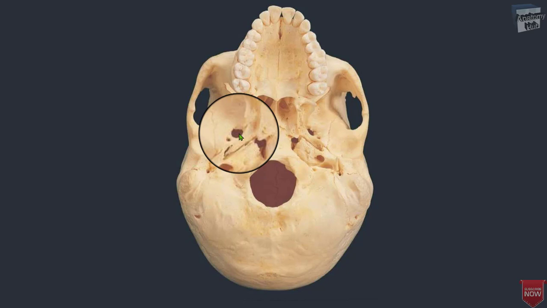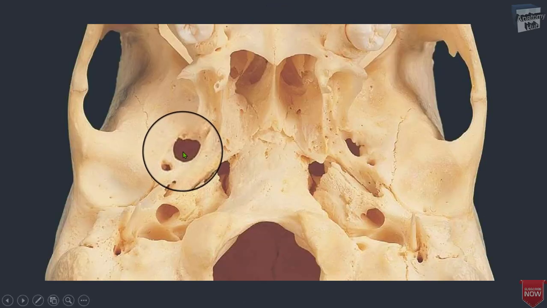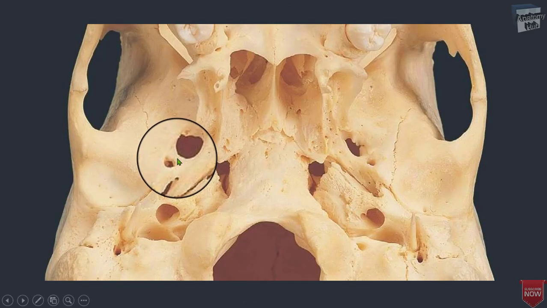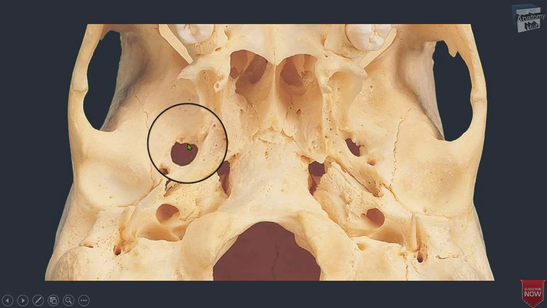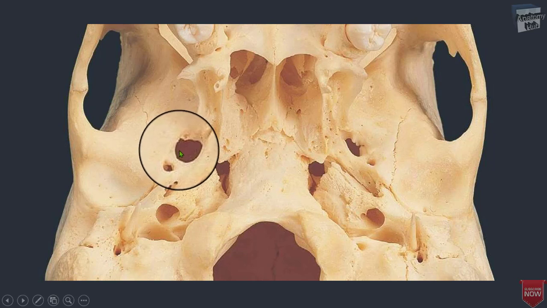The foramen transmits both the mandibular division of the trigeminal nerve and the lesser petrosal nerve, a branch of the glossopharyngeal nerve, from the cranial cavity into the infratemporal fossa.